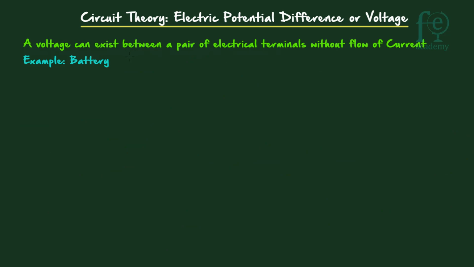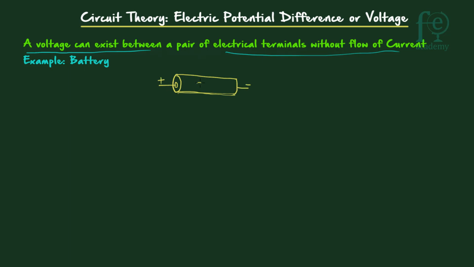Now we have a doubt: if there is no current passing through the circuit element, then is there any voltage? Yes, a voltage can exist between a pair of electrical terminals without flow of current. The best example is a battery. You are all familiar with batteries like this: AAA battery, AA batteries. This is the positive terminal and this is the negative terminal.